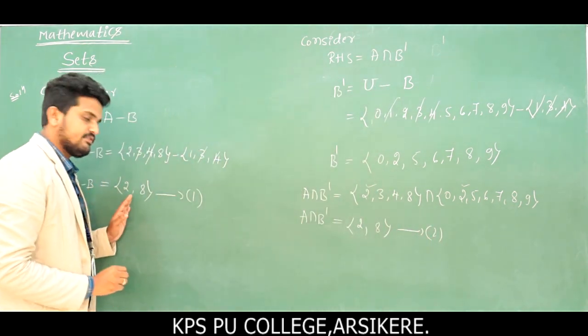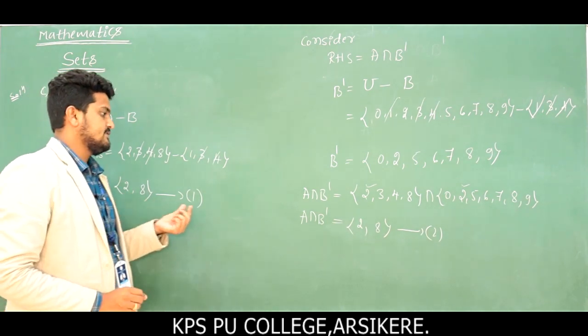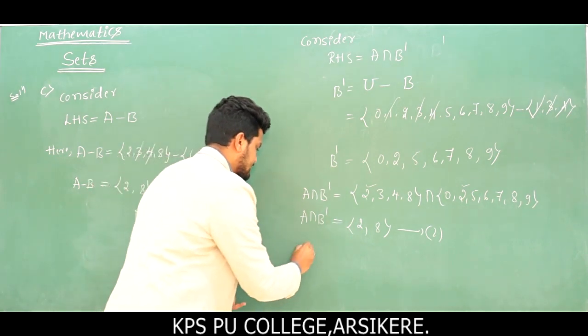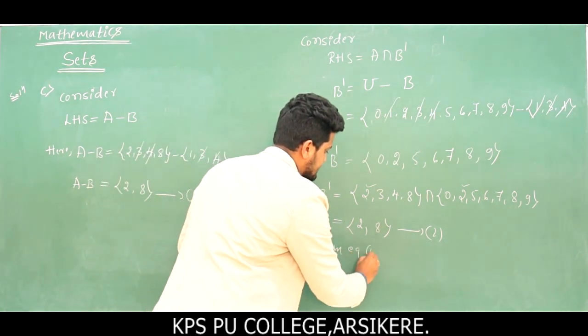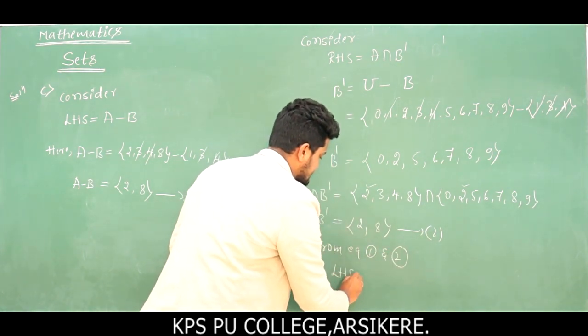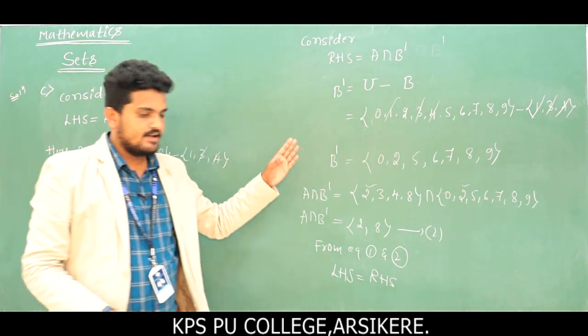So comparing equations 1 and 2: look here, LHS is {2, 8}, RHS is {2, 8}. Therefore, from equations 1 and 2, clearly we can say that LHS is equal to RHS. Okay, write first.